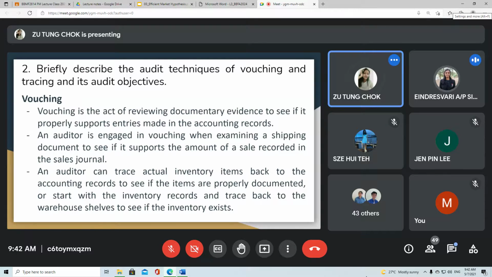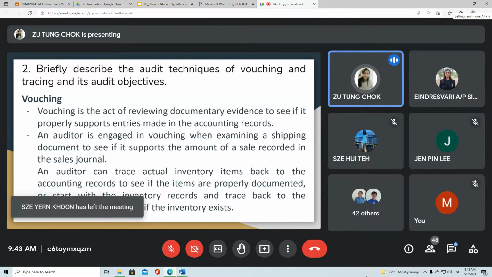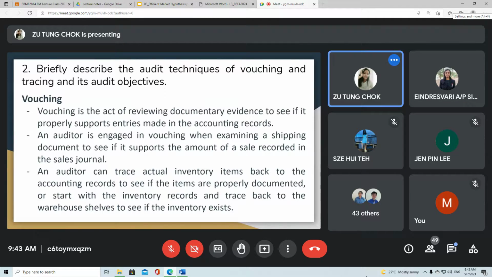Okay. So this one, vouching is source document to accounting records or accounting records to source document? Sales record to journal. Source document to accounting record?